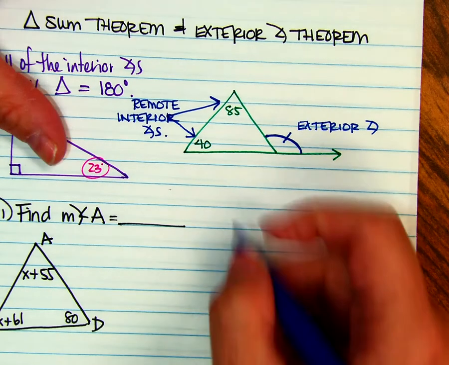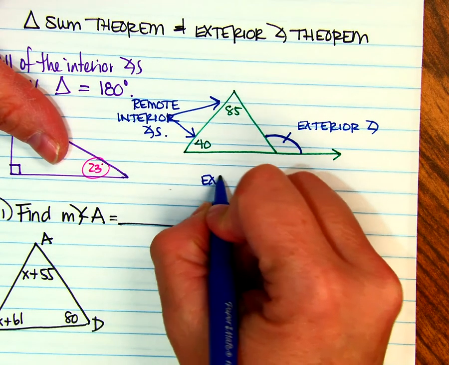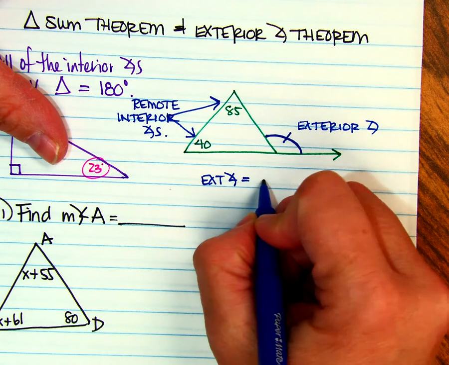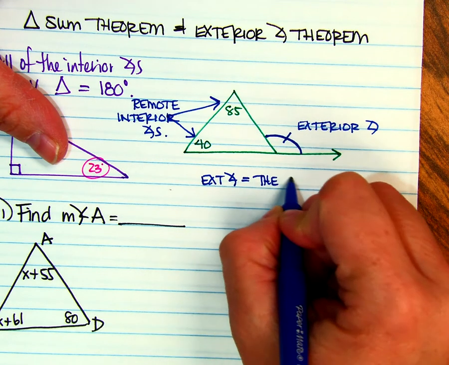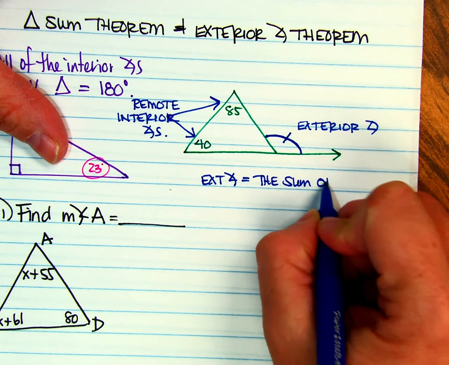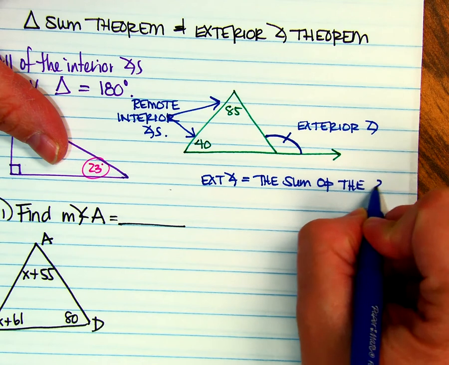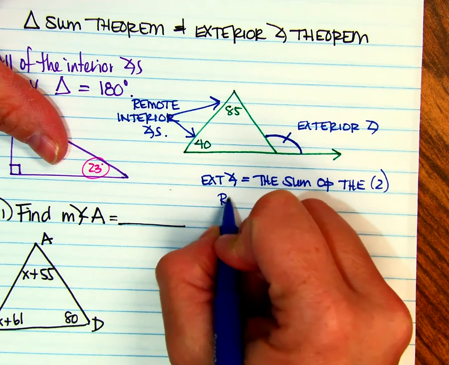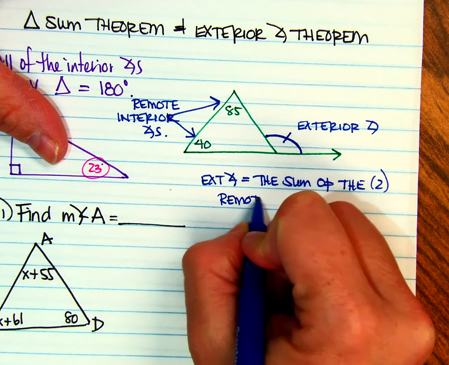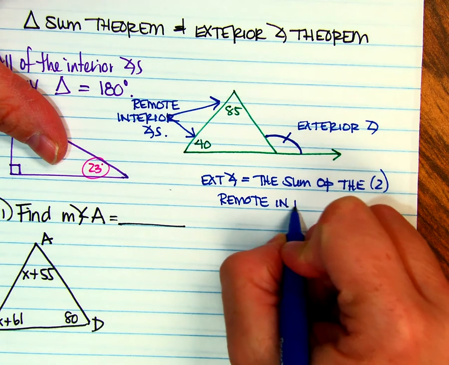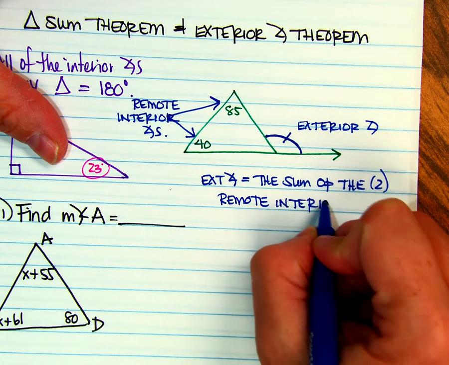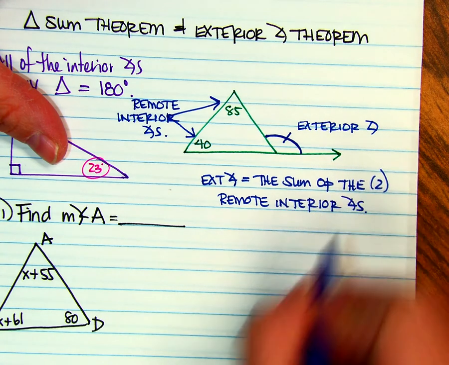Okay? And the exterior angle equals the sum of the two remote interior angles.